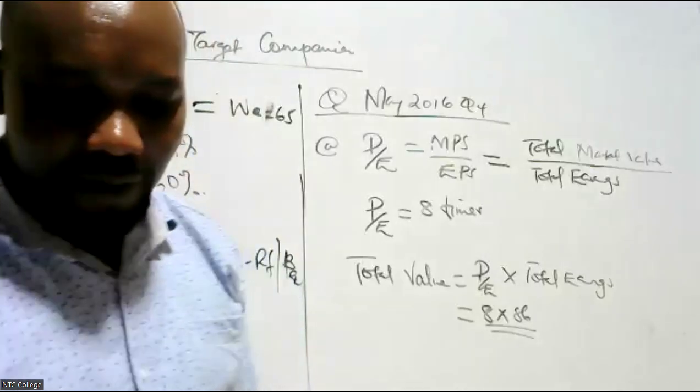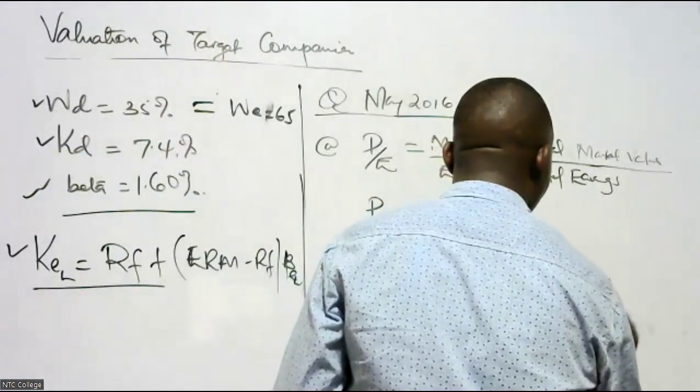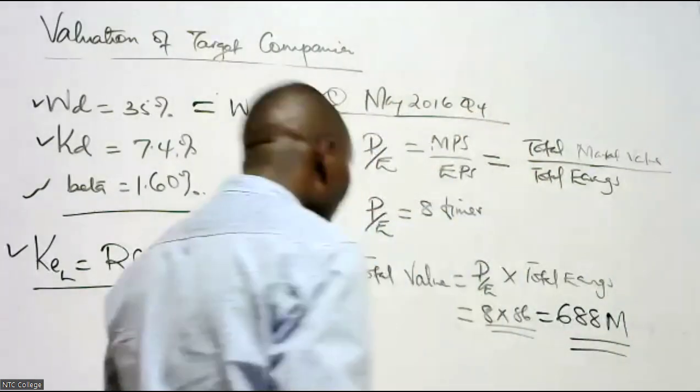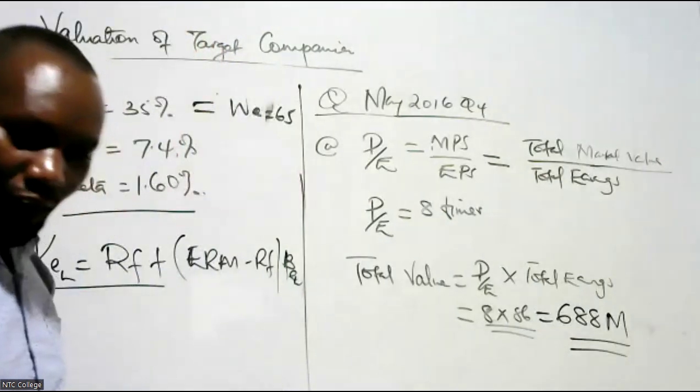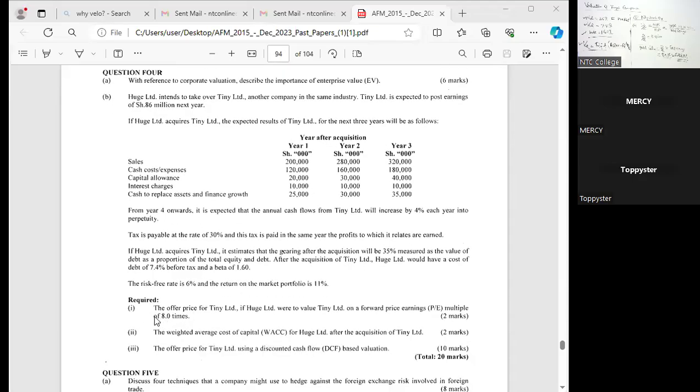So we're going to have 688 million. We are done with the first part of the question. I don't know if it is Roman 1 or A. It was that simple.